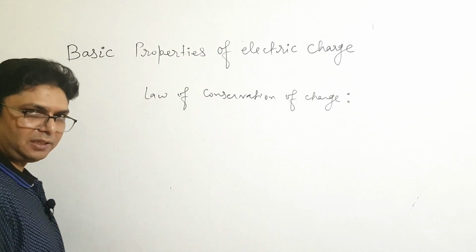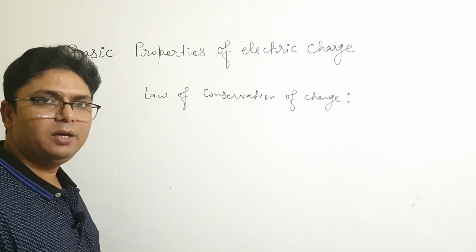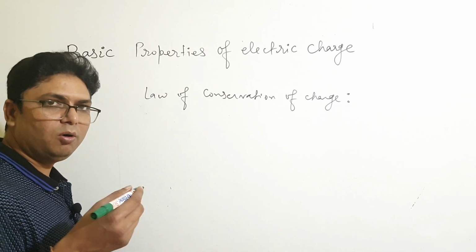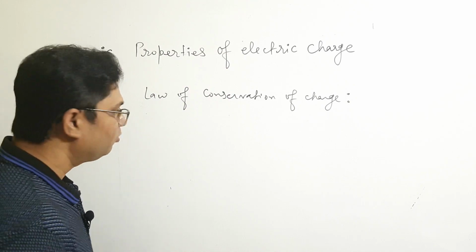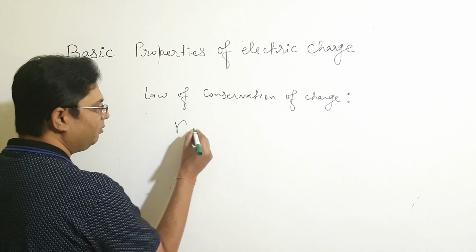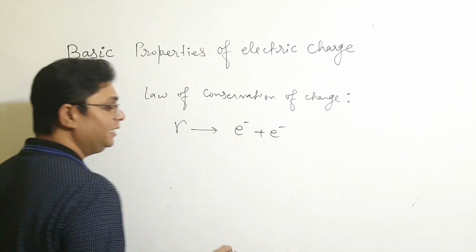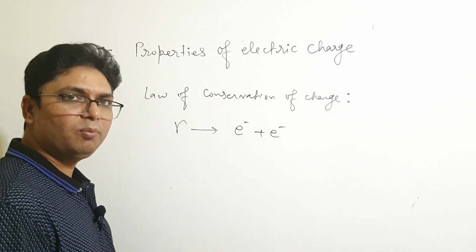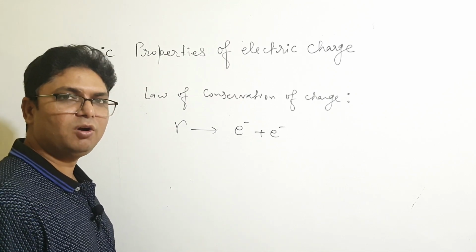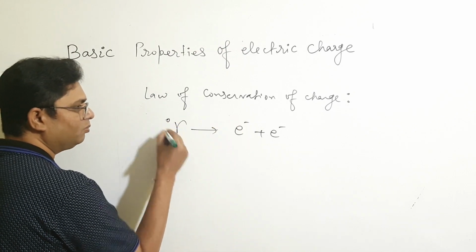Let us have another example, that is the example of pair production of gamma radiation. When gamma radiation is converted into e minus plus e plus, this is also called materialization of gamma radiation. Here gamma has 0 charge and 0 mass.